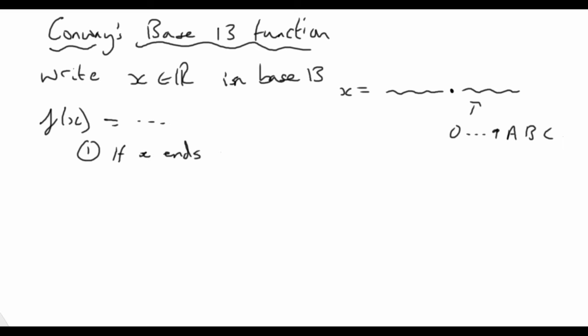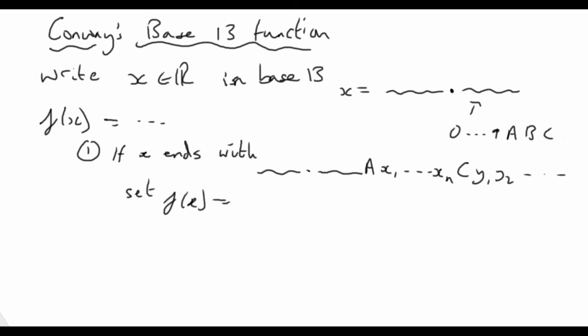So if that base 13 expansion of x ends a, x1, x2 up to xn, where those xi are all numbers between 0 and 9, then c, then y1, y2, and so on, where all those yi's are also numbers between 0 and 9, then f of x is going to be the decimal, now the decimal, not base 13, x1, x2 up to xn, point y1, y2, and so on.